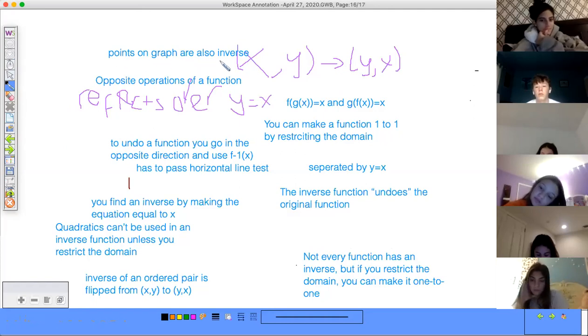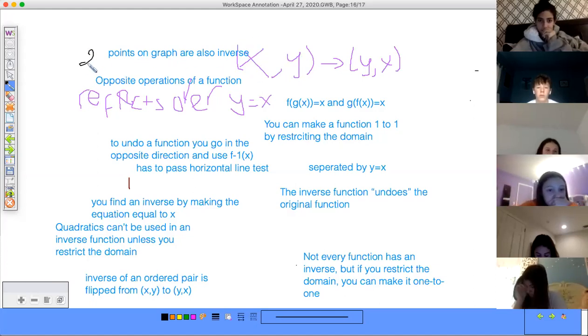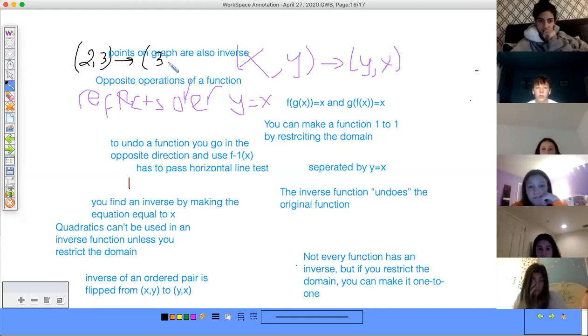Points on graph are also on inverse. What does that mean? I said that. Then when you graph it on Desmos, the x and y's are flipped. Okay, so basically what you're saying is that if you have the point (2, 3), on the inverse the point is going to be (3, 2). Is that what you were trying to say?